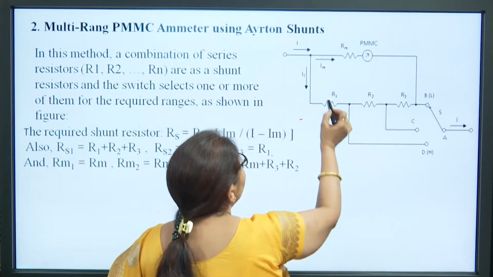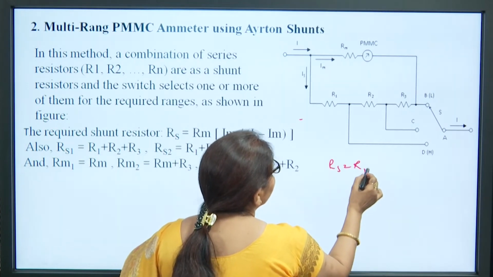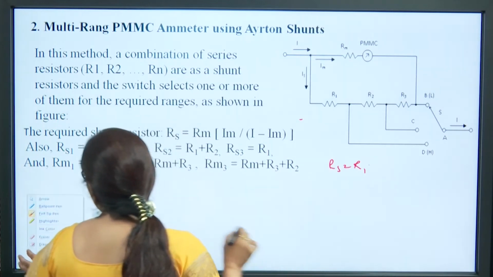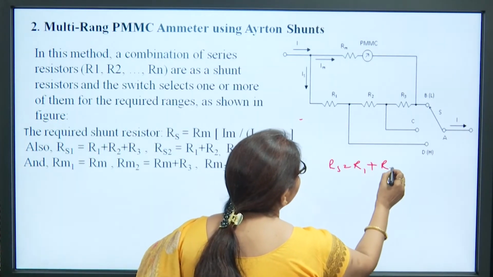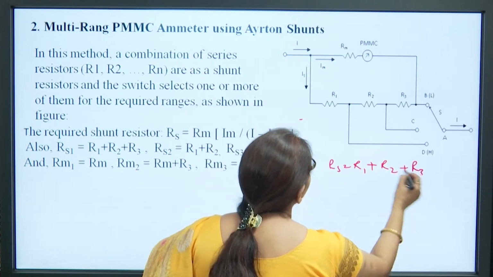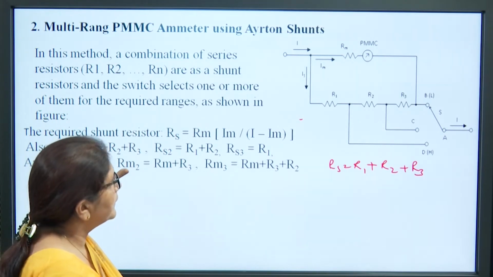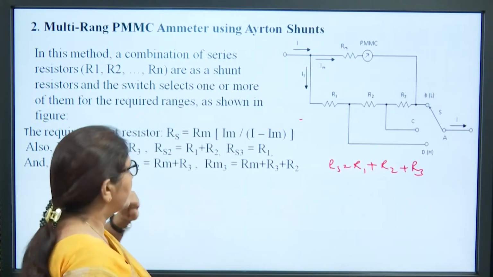So, Rs1, the first shunt resistance when the switch is placed at the first position, is R1 plus R2 plus R3.